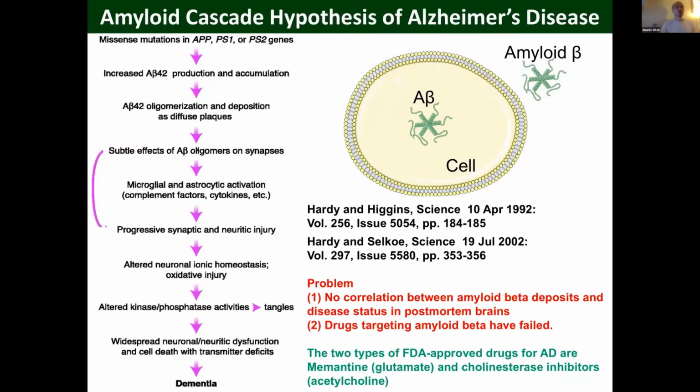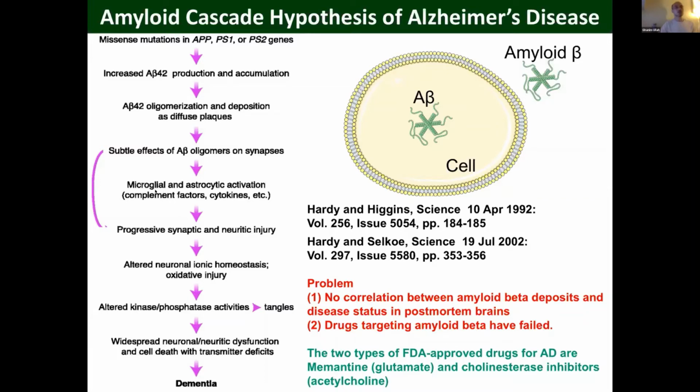The first targets are the synapses. These oligomers first target synapses and lead to their dysfunction. That also leads to microglial and astrocytic activation, which is also bad.